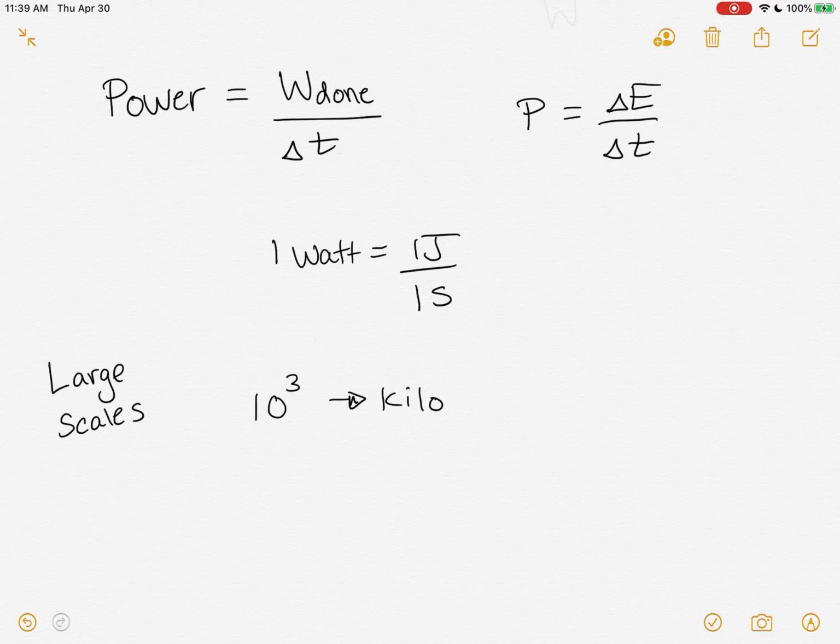So we can have a kilowatt, and the letter would be just a little k. A kilowatt is 1,000 watts. If we have 10 to the 6, we know that that is mega, and the letter for that is a capital M. And so that's 1,000,000 watts in a megawatt.